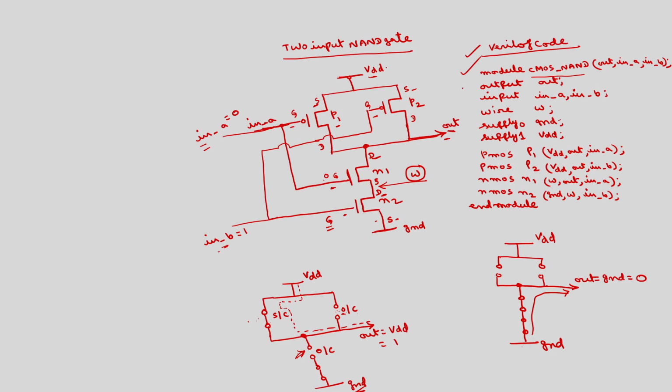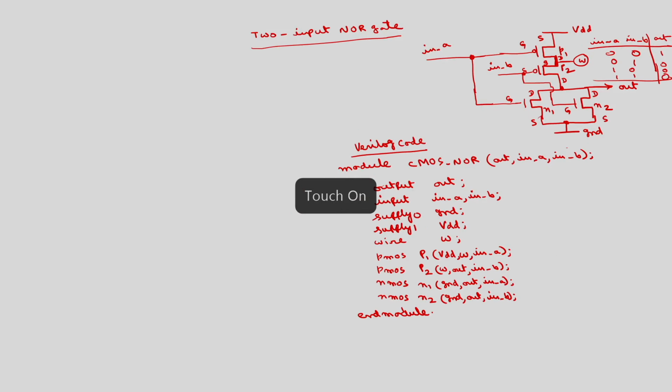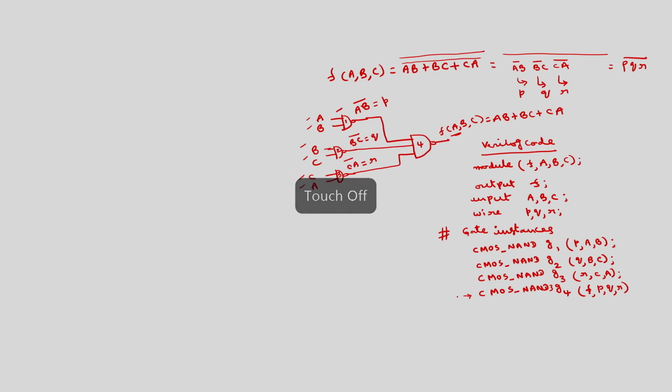The first three are the same because they are 2 input NAND gates, whereas this one is a 3 input NAND gate. I assume there is Verilog code similar to the 2 input NAND gate for a 3 input NAND gate also, whose name I call CMOS underscore NAND 3.